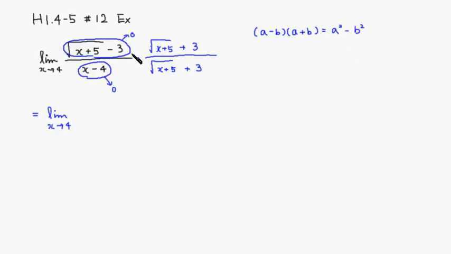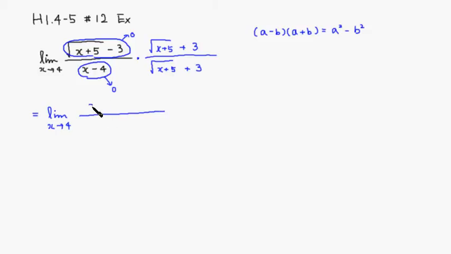So you have a minus b times a plus b form. So we're going to have a square, which is very convenient because you get to square the square root, which means that the square root is gone.